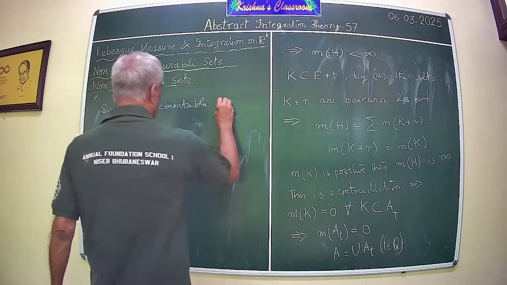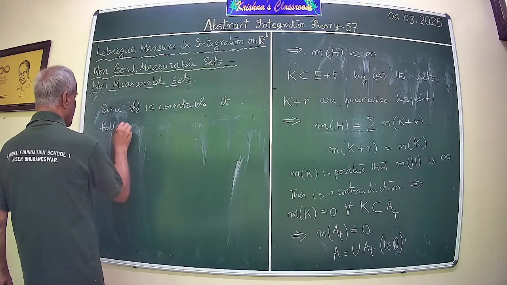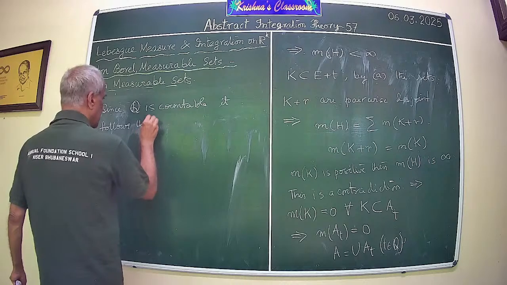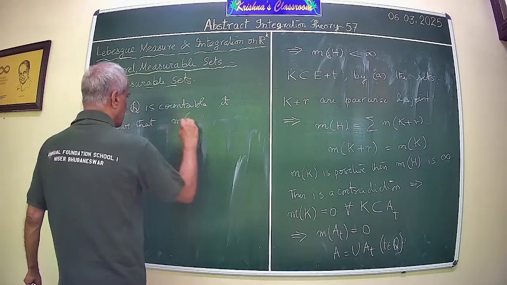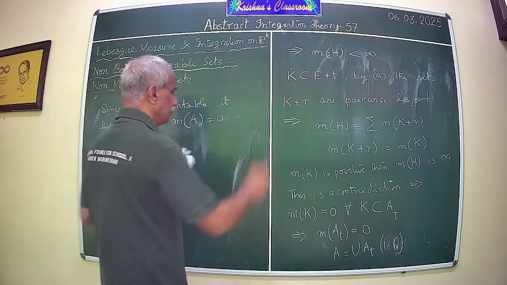It follows that the measure of A is equal to 0.